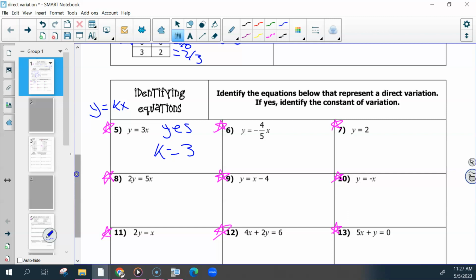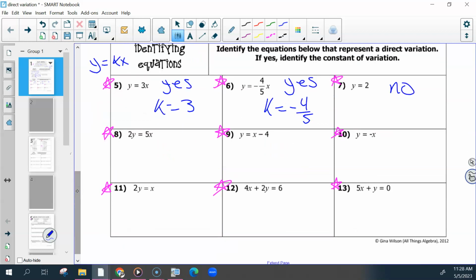Yes. What would your k value be? Negative 4/5. Is 7 direct? No. That one does not have an x, so it can't be direct. 8 we would have to solve for, so get rid of the 2 by dividing. Is this direct? Yes. You can rewrite this as 5 over 2x. So what's our k value?